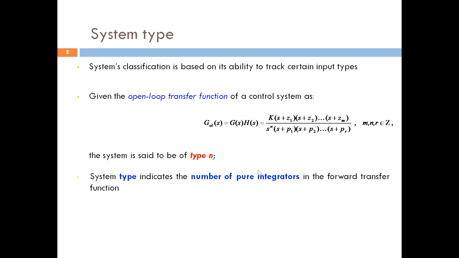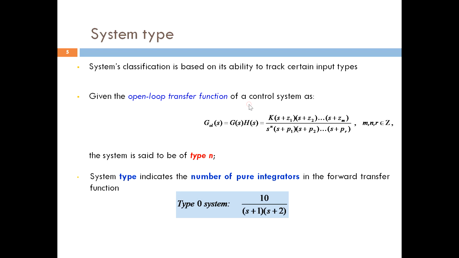Again, if you remember, when you apply the Laplace transform to an integral, you get a Laplace expression that is 1 over s. So 1 over s always represents an integrator. Okay, so if we do not have any s in the open loop transfer function, then that basically is 0 s's, which means the system is type 0.